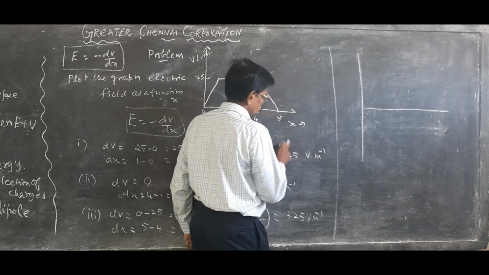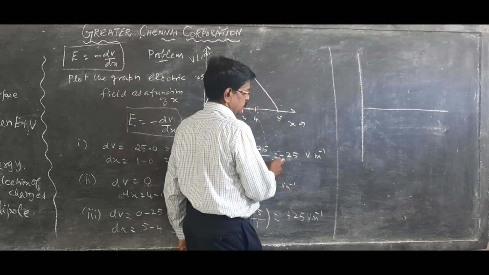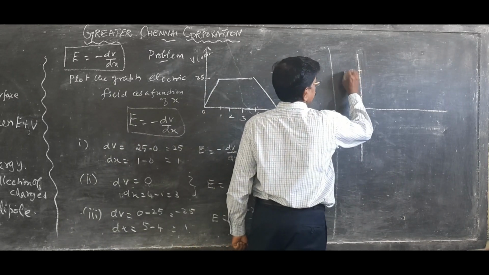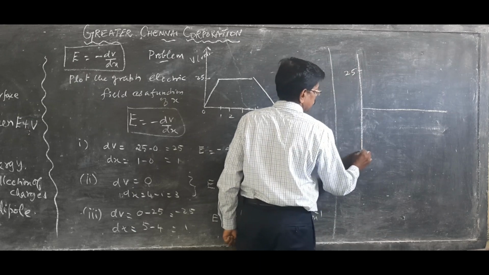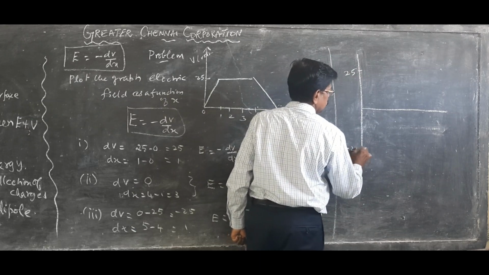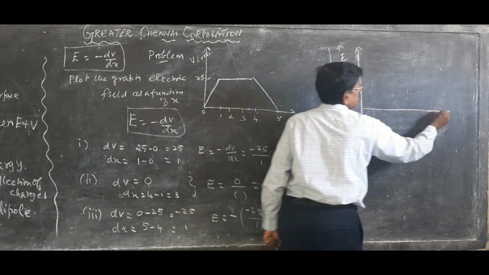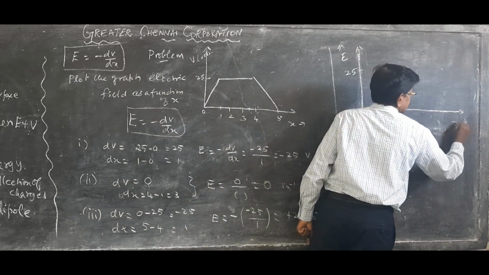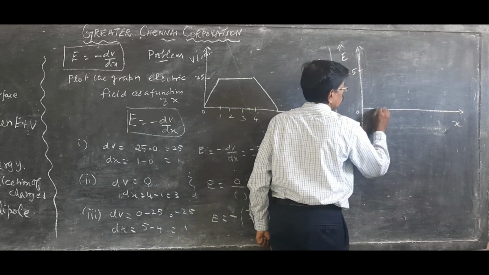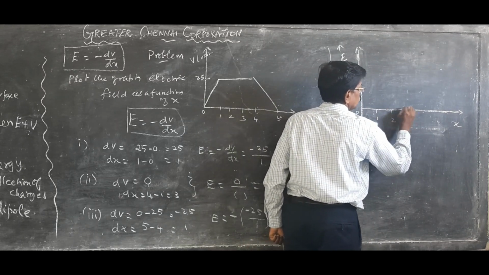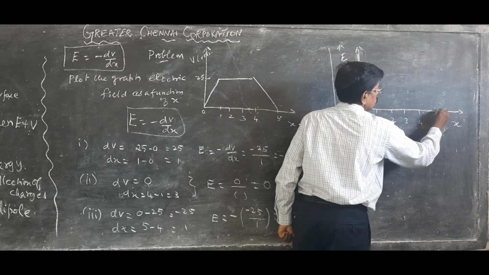What is the maximum value? 25. What is the negative maximum? Minus 25. This is the E value, the Y axis is E, and the X axis is the distance x. This is 0, 1, 2, 3, 4, 5.